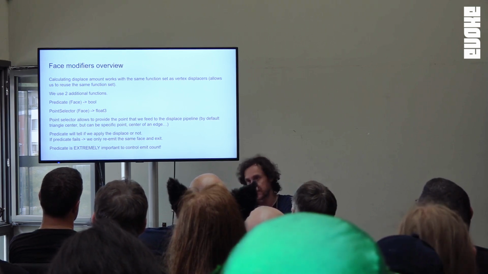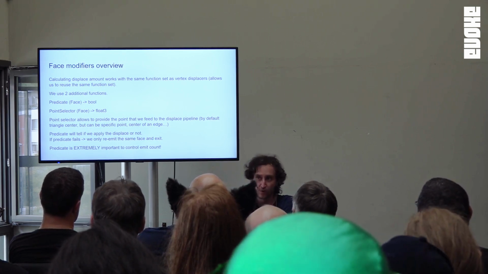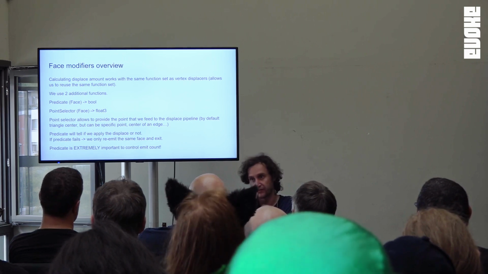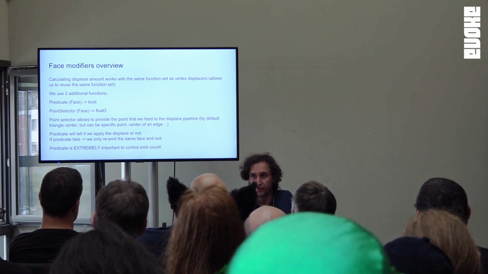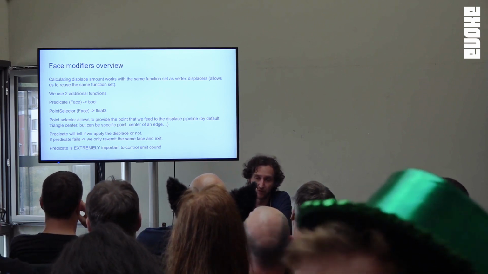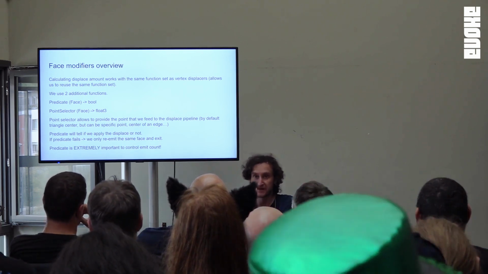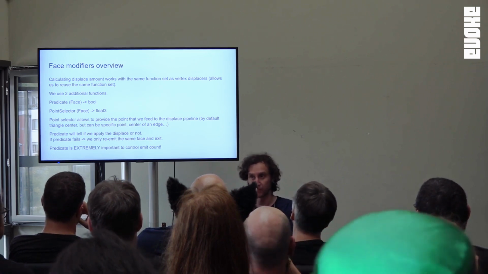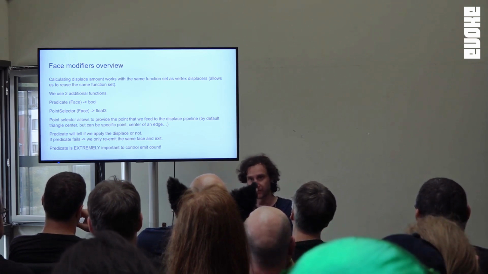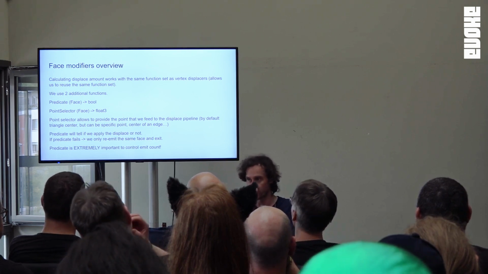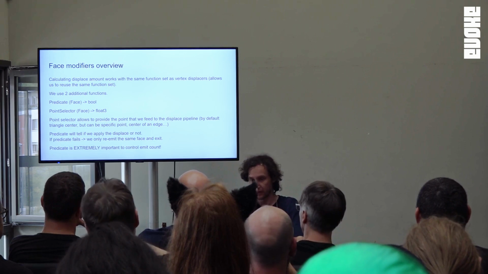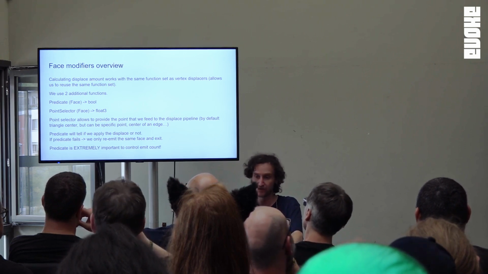It will take this triangle and say, do you want to apply this modifier on the triangle or not? So it's a condition function. For example, we can say, if this triangle is too small, then just re-emit the triangle and don't do anything. So just push back the triangle, same as it was. That is really useful.